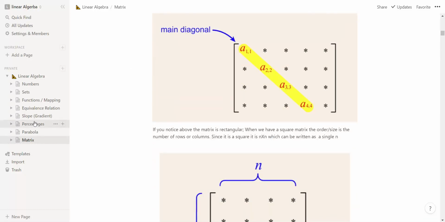As we saw when we were talking about slopes, we talked about solving systems, and when we solved these systems, we used substitution and elimination. If it's an equation of two variables, it's generally easy to solve using substitution.